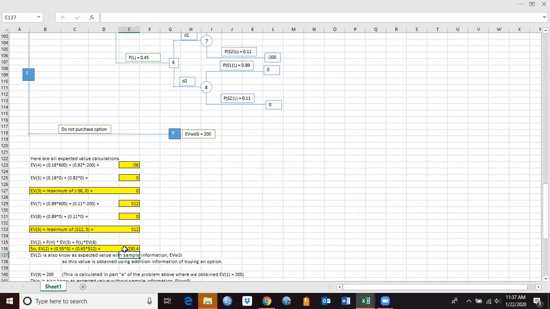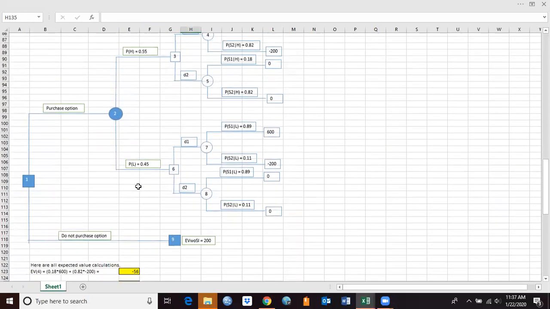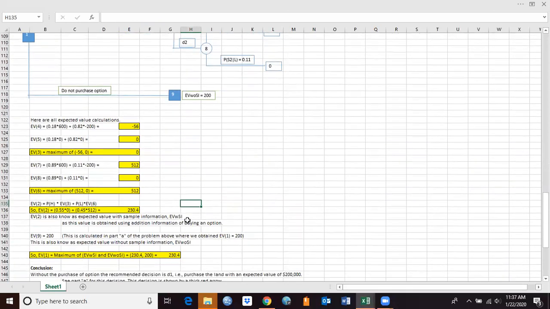Okay, 230.4. So the expected value at node 2 after considering the market information is coming out to be 230.4, or $1,000. Expected value at node 2 is also known as expected value with sample information, because this information is obtained after taking into consideration the market information.